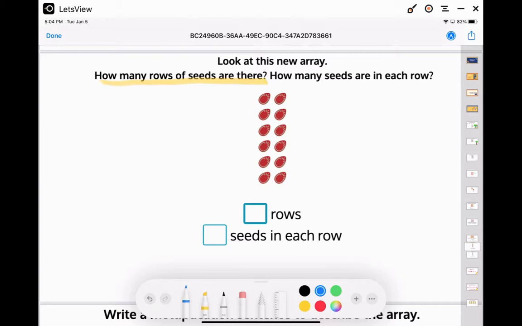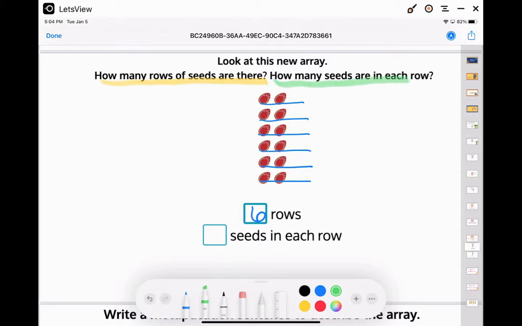Let's count our rows together. 1, 2, 3, 4, 5, 6. Did you say 6? If you did, you're absolutely correct. There are 6 rows. Now in your Nearpod, answer our second question.